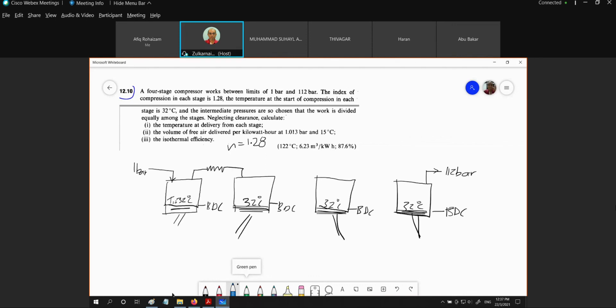Meaning that, what do we have? We have an intercooler. Yes, in between each stage, we have an intercooler. All have intercoolers. Okay? So we have an intercooler here. An intercooler here. That's why we get 32. So what case is this?